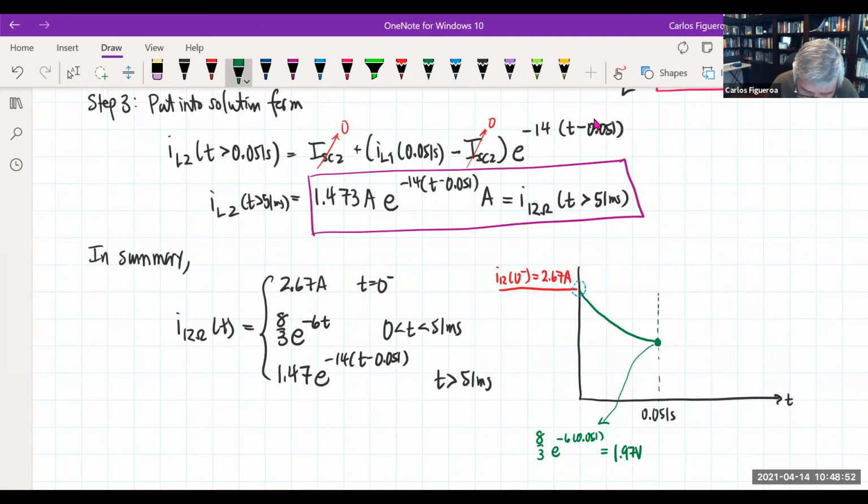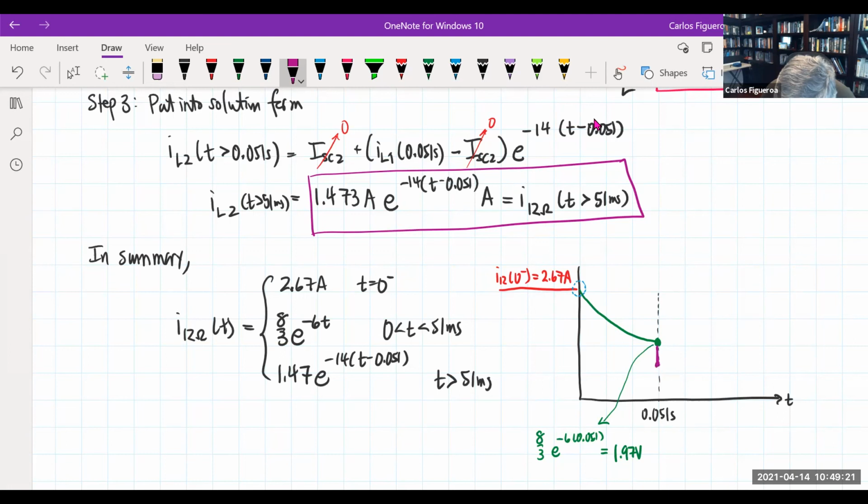So the question is, what happens here? Well, at t equal to 51 milliseconds, I look at the solution here, and the solution tells us that this should drop immediately to 1.47. So in other words, this thing is now going to have a discontinuity where it's going to jump down.